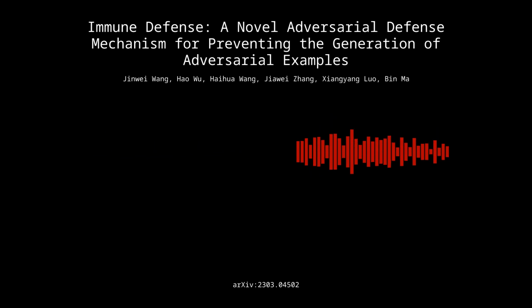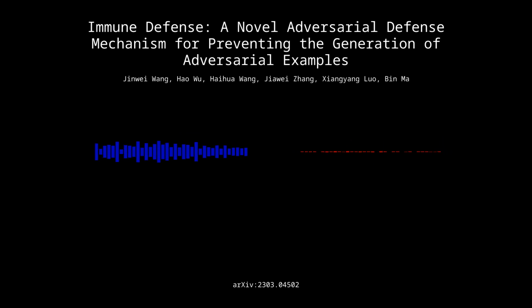That's remarkable. But even the most groundbreaking research has its limitations. Did the authors address any potential weaknesses or areas for further exploration? Of course. They acknowledge that attackers could eventually develop countermeasures to detect and disrupt those IPs. And they really emphasize the importance of future research focusing on enhancing the robustness of IEs against these potential countermeasures.